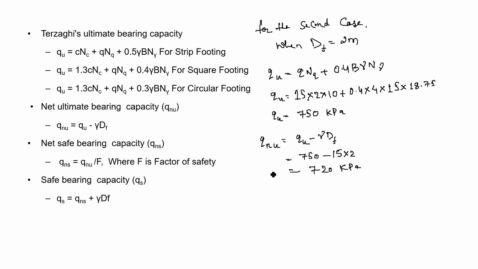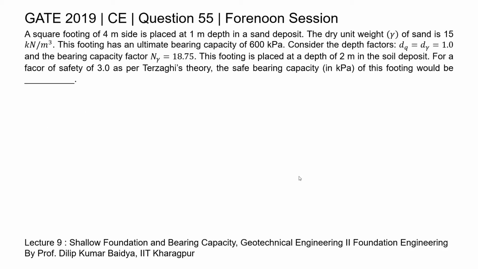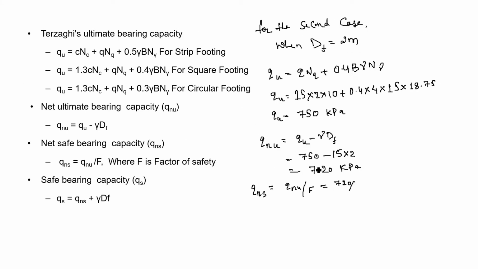Now we can find the net safe bearing capacity Qns. Qns is equal to Qnu by factor of safety. So it will be 720 divided by factor of safety. We should take 3 as it is given in the question. So 720 by 3 will be 240 kilopascal.